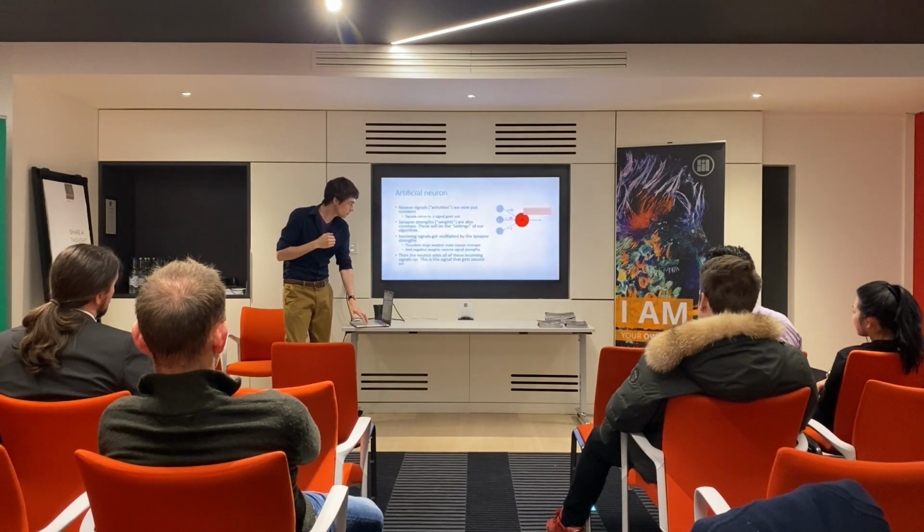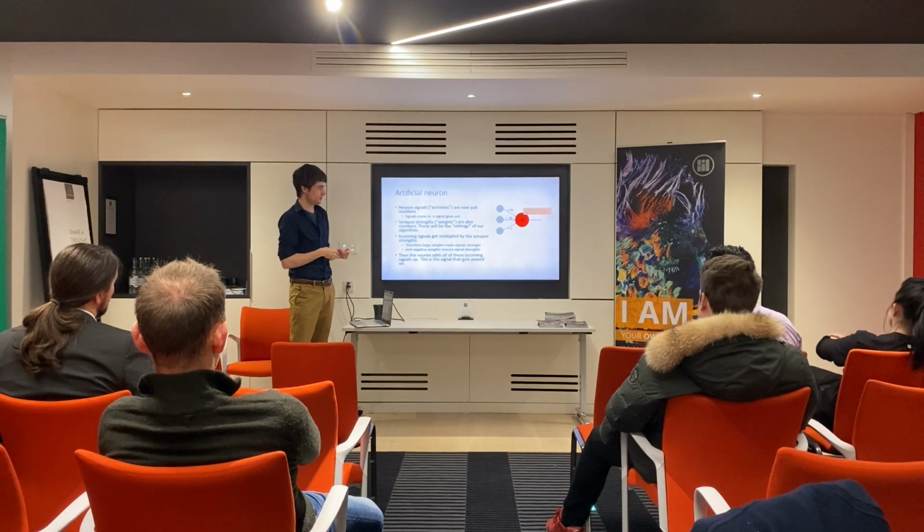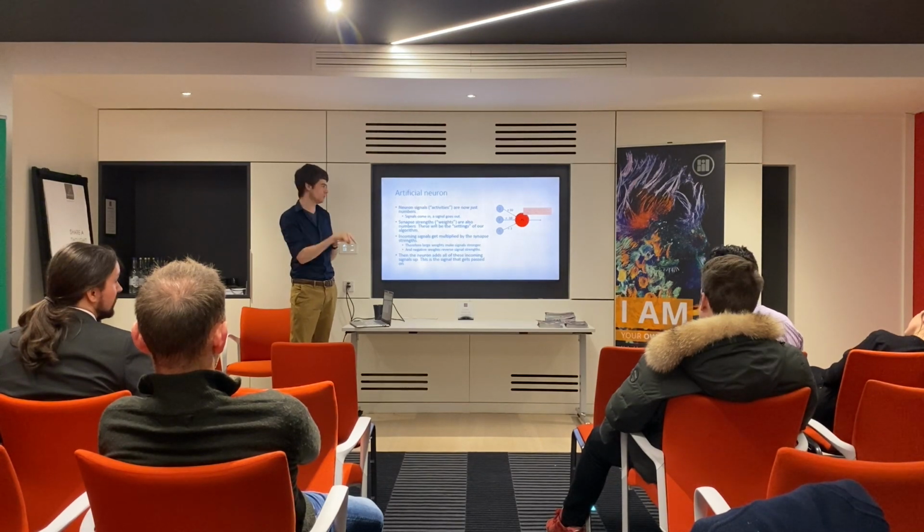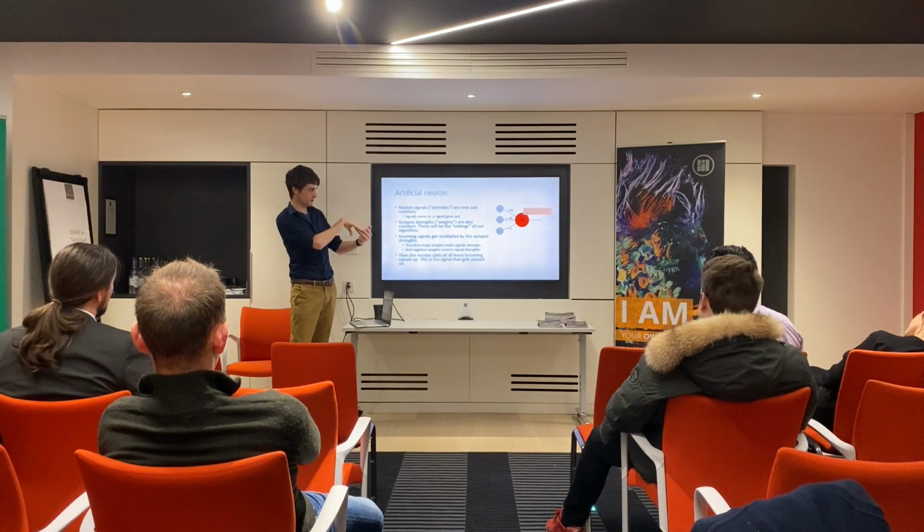So we copy this, but on a computer, and that's what an artificial neural network is. So this is an artificial neuron. Instead of neuron signals, we now just have numbers on the computer. So we've got a bunch of numbers that come into this thing: 2, 3, minus 5.